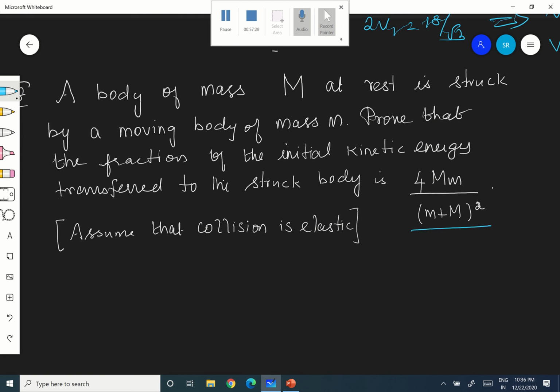So a body of mass m is moving with the initial velocity u1, and it is colliding with a body of mass capital M, which is at rest, u2 is equal to 0.